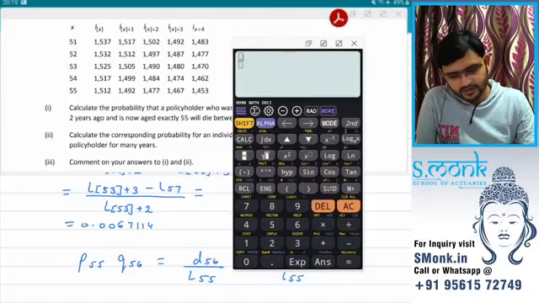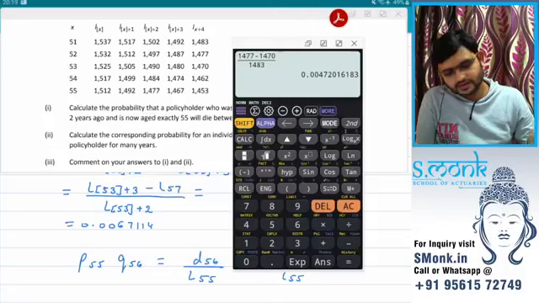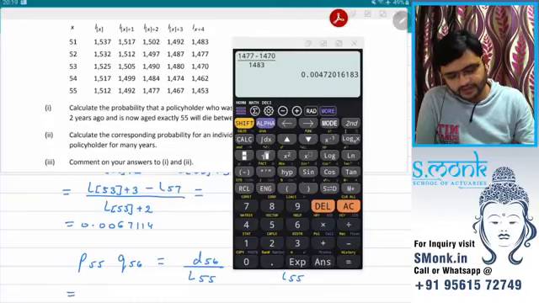L 56 is 1477 minus 1470 upon 1483. So you can see we have a substantial difference in probability here.